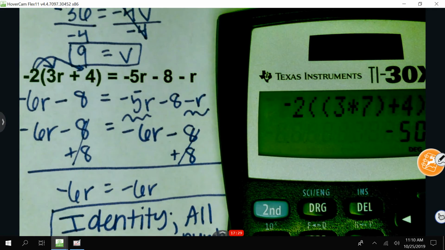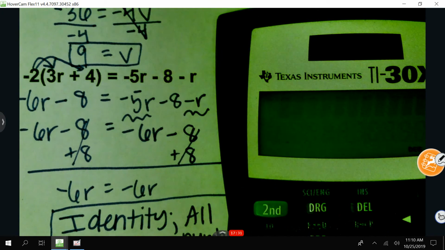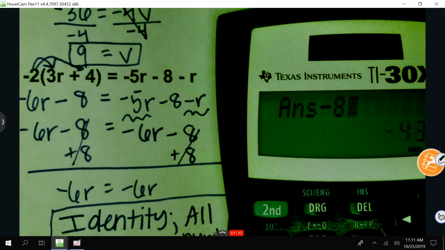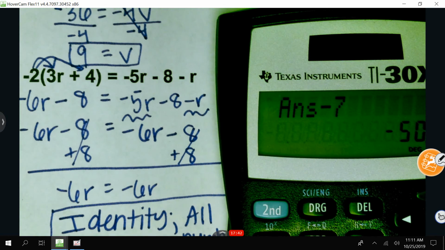So remember that. See if the other side does it. Negative 5 times 7, and then minus 8 minus 7. Negative 50. See? So it doesn't matter what number you plug in, you'll still get negative 50 equals negative 50, or 2 equals 2. Make sense? Okay.